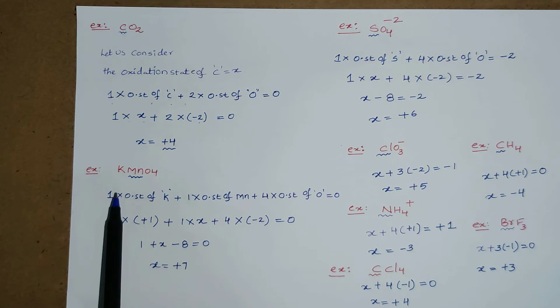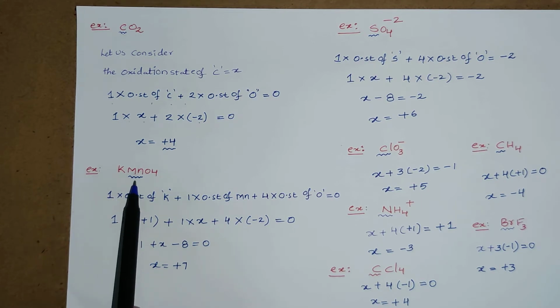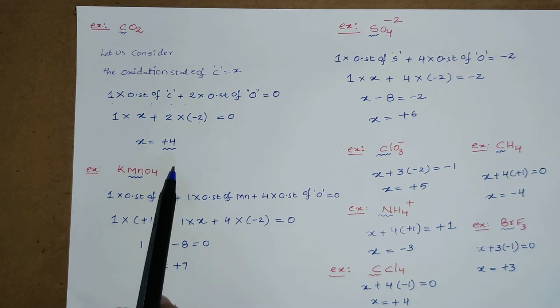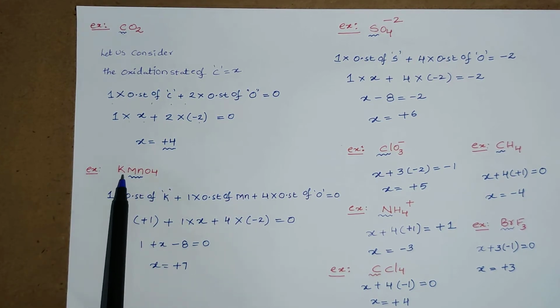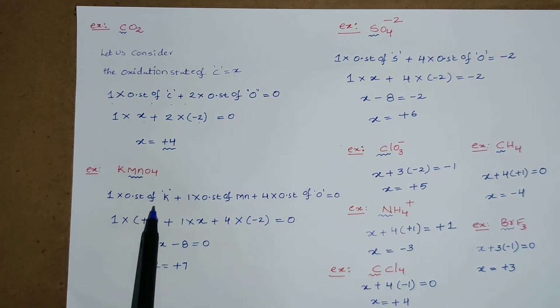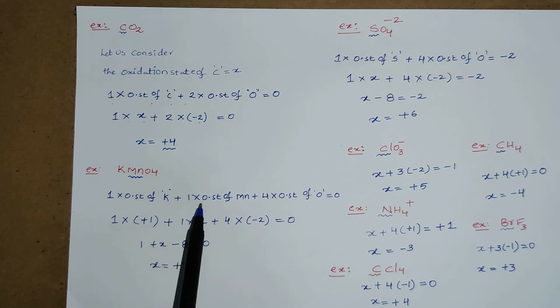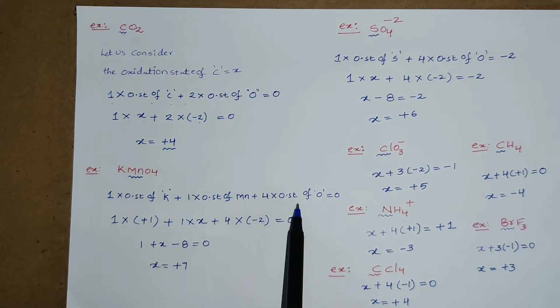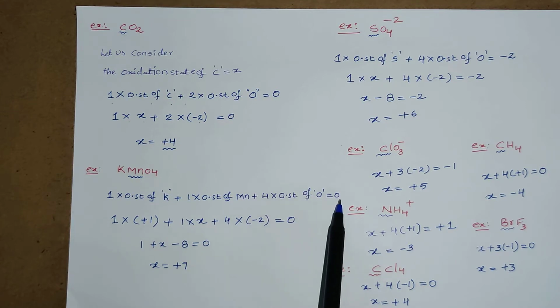Similarly, we need to calculate the oxidation state of manganese in potassium permanganate. Then what we write: it is a neutral molecule. The sum of the oxidation state of all the atoms present in the KMnO4 is equal to 0. That is 1 into oxidation state of potassium plus 1 into oxidation state of manganese plus 4 into oxidation state of oxygen is equal to 0.